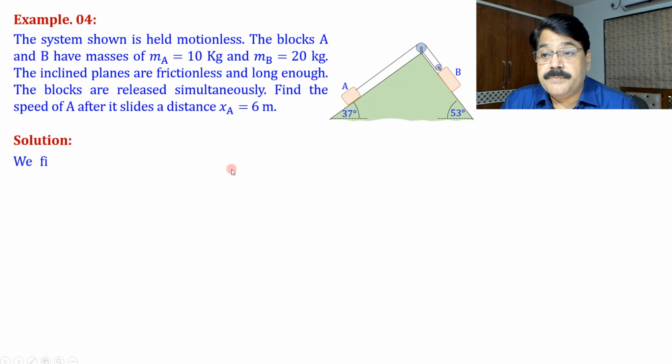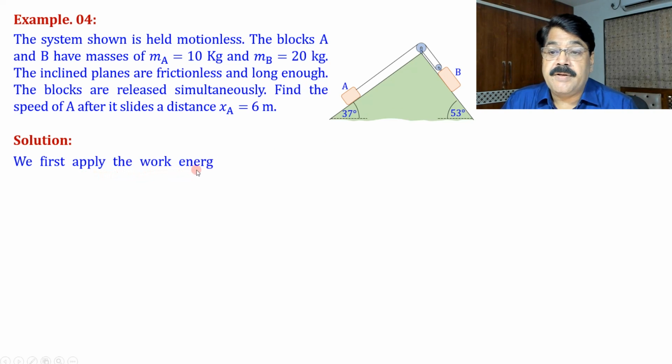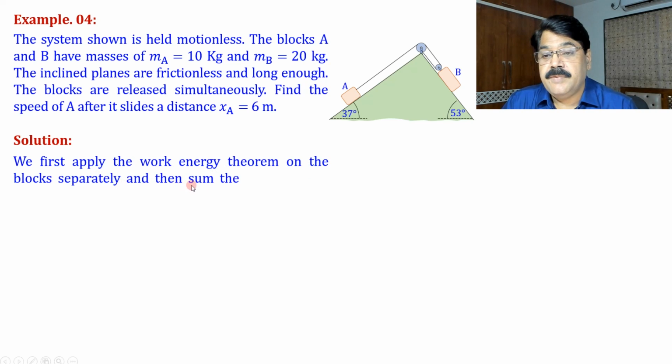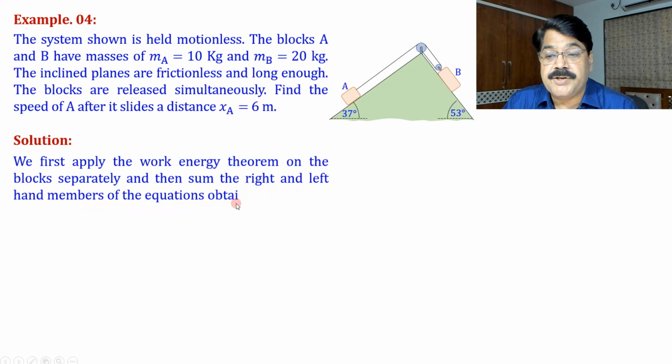So what do we do? We first apply the work-energy theorem on the blocks separately and then sum the right-hand and left-hand members of the equations obtained. This is the idea by which we derived the final statement of the work-energy theorem for a system, but here we use the derivation process instead of applying the final statement.